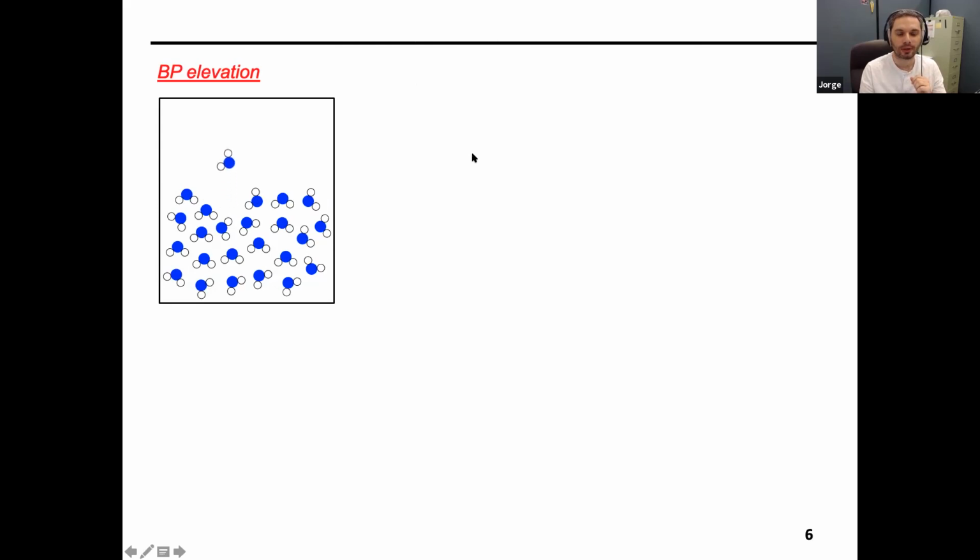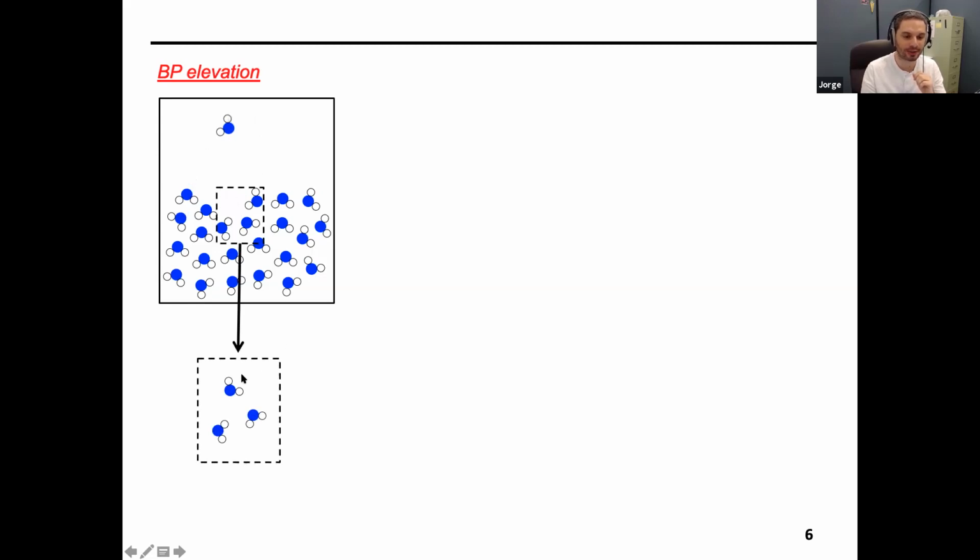Okay, so remember that evaporation is basically the movement of water molecules that are in the liquid that have enough energy to escape the liquid and go to the gas phase. To go from the liquid to the gas phase, the molecule has to break the intermolecular interactions and escape from the liquid. And in the case of water, it is the hydrogen bonding that has to be broken.